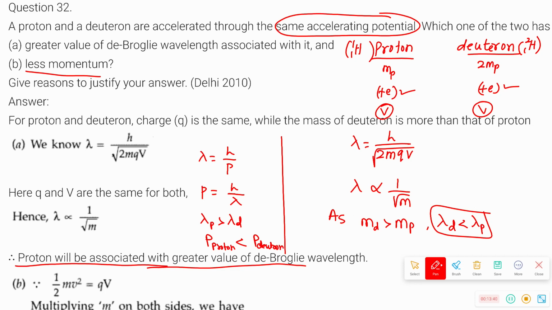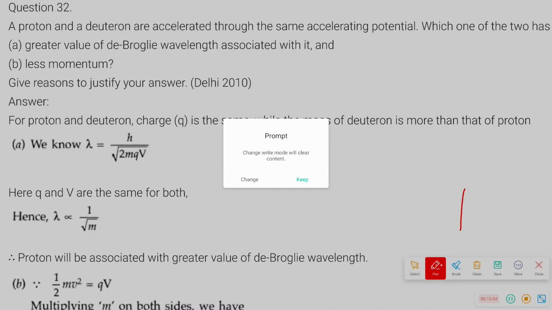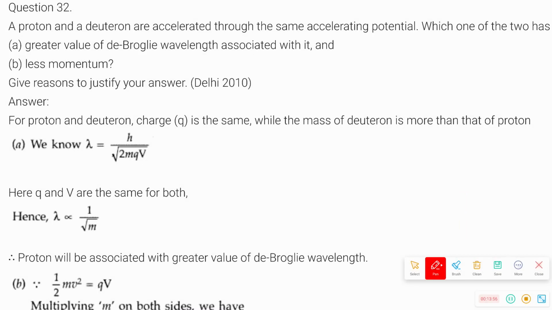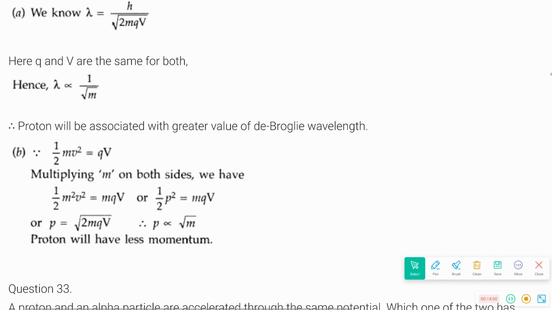Always remember, the particle which is having less mass, proton, is less than deuteron. So proton will have less momentum. We told that proton will have less momentum as compared to deuteron.